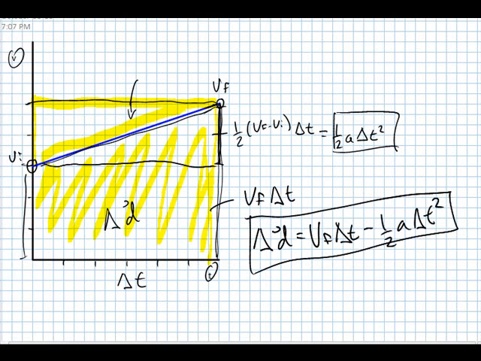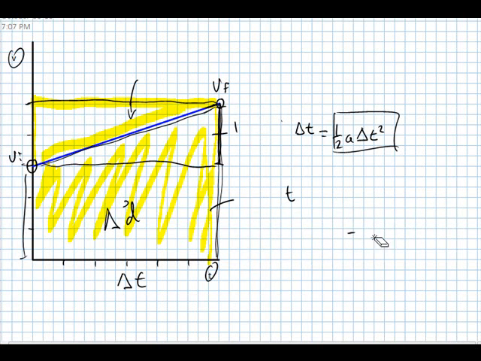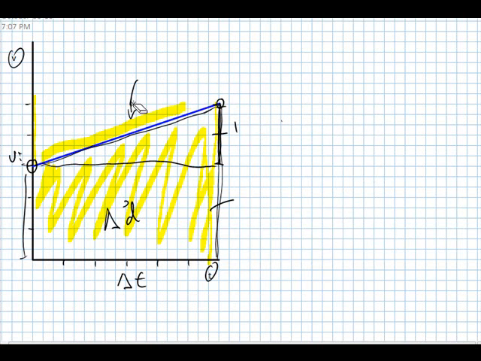The third way we can find the displacement is not by adding rectangles and triangles, but by using the trapezoid formula.